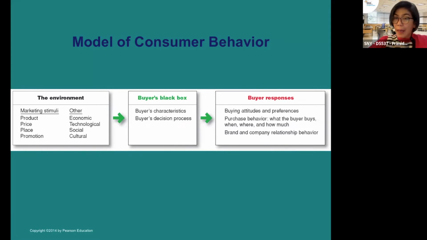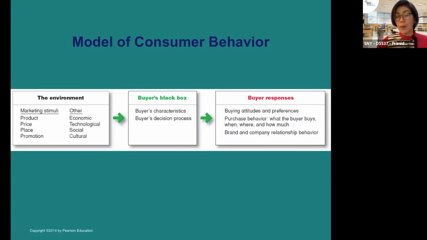It can be buying attitudes. It can be preferences. Preferences means whether you like one brand over another, or you prefer this product over another. Another buyer response would be purchase behavior: what you buy, when, where, and how much, and how the process is.